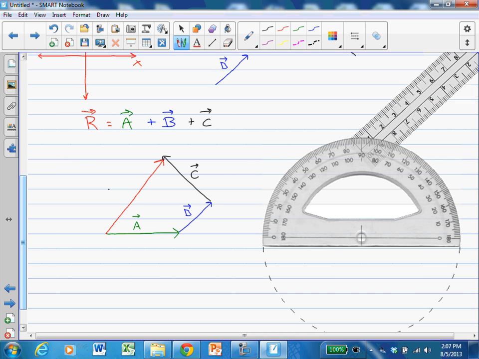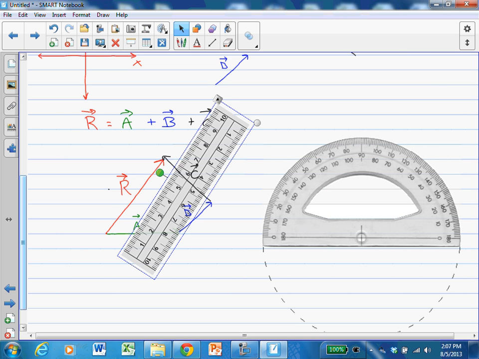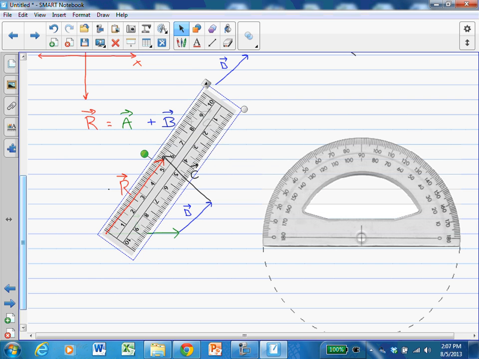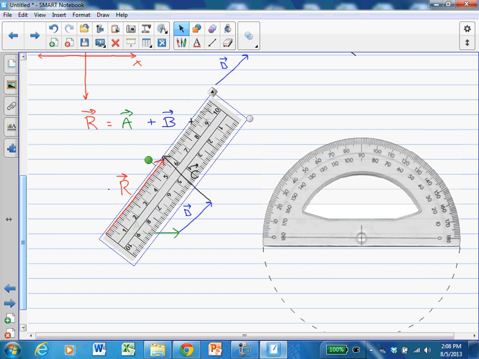Now this I do have to measure. We'll call this R, the resultant, because I can see, first off, I measure the length of it. Get that on there, right? At about 5.6 centimeters, okay?